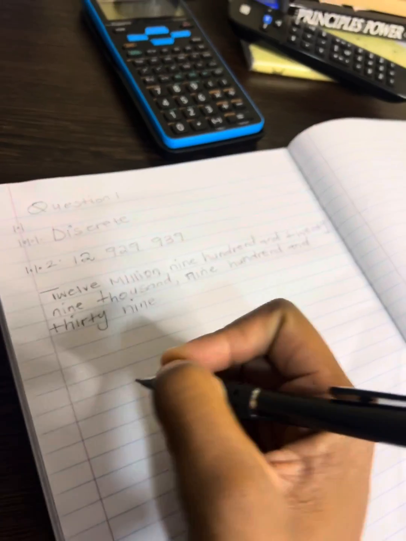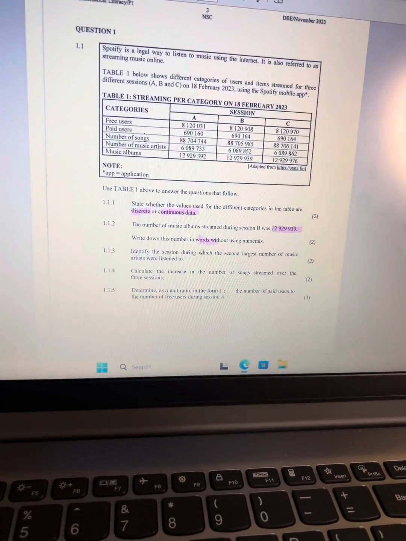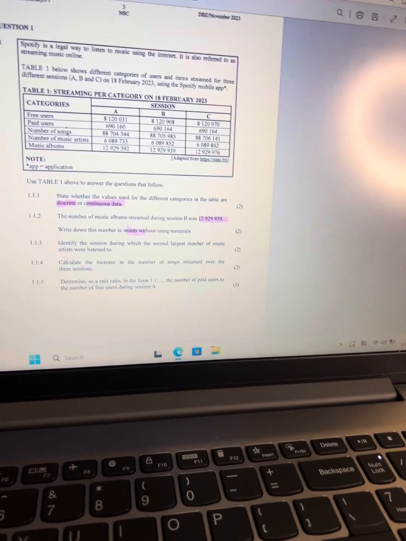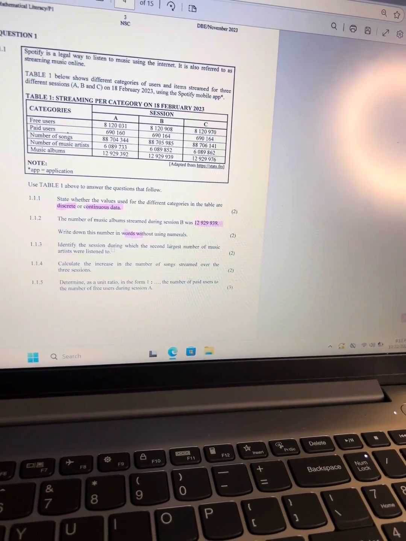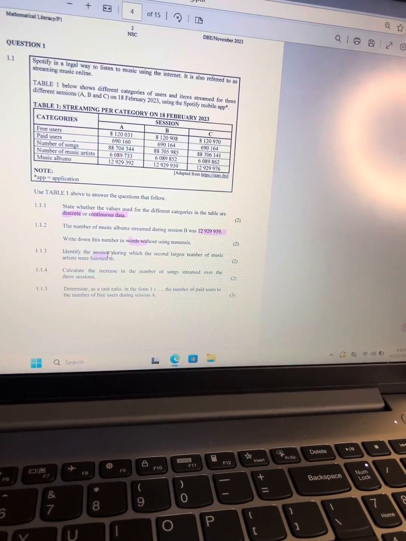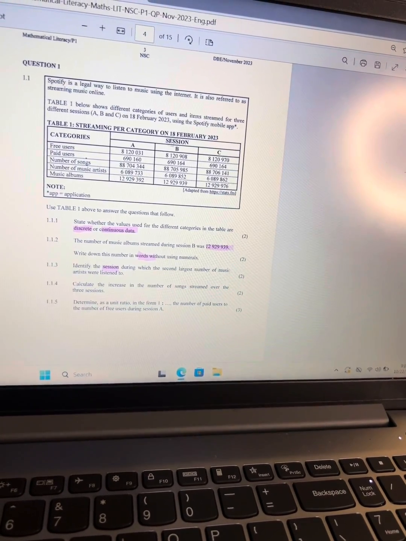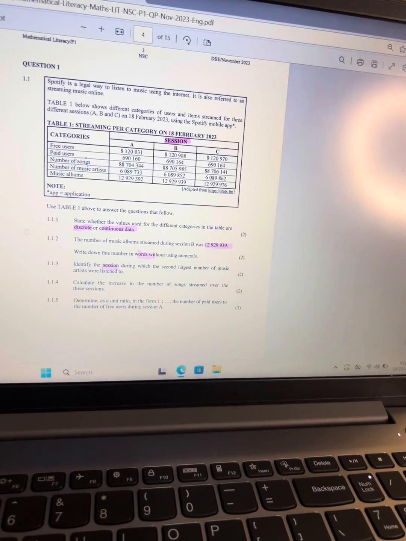And then let's go to 1.1.3. In 1.1.3, they said identify the session, meaning that we're going to focus on the session part.